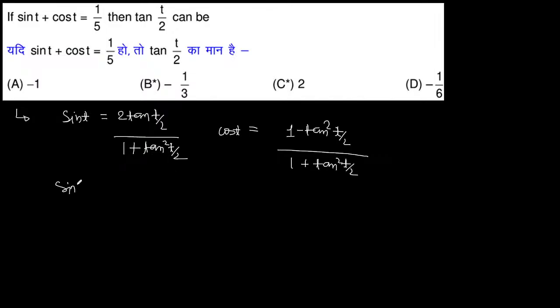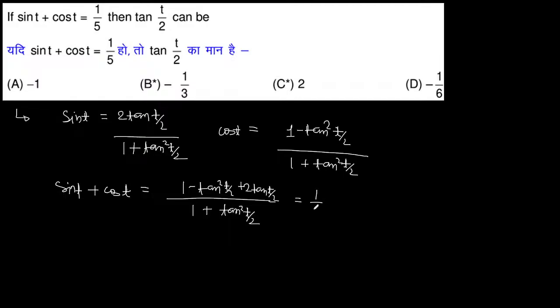If we add sin t plus cos t, we will get simply 1 plus tan square(t by 2), 1 minus tan square(t by 2) plus 2 tan(t by 2), and we have here the value is equal to 1 by 5 as given. Cross multiply, which is equal to 1 plus tan square(t by 2).